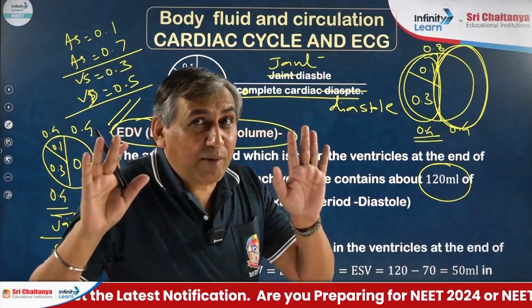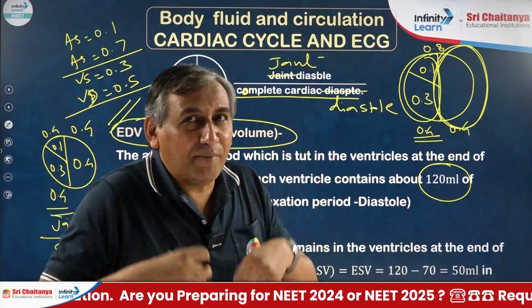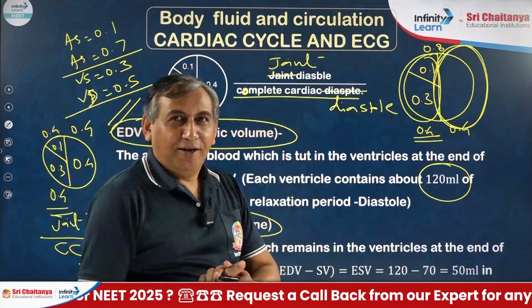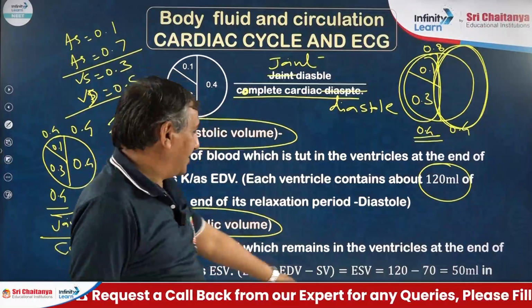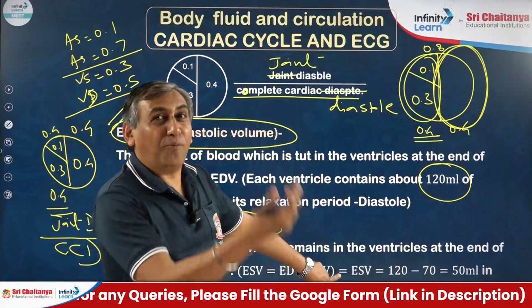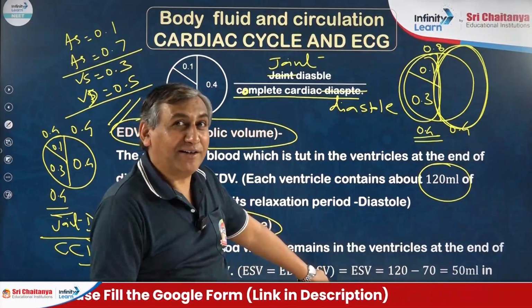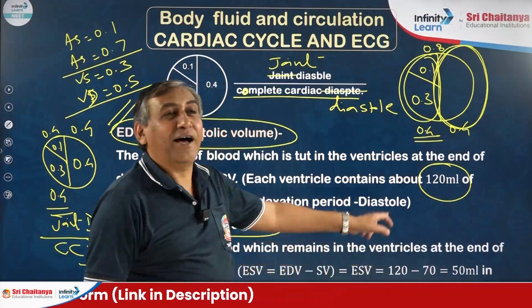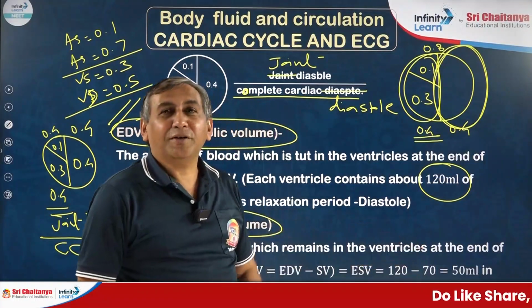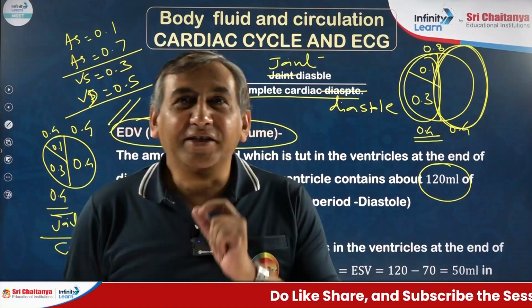What is the maximum amount of rupees I am having? 120 rupees. I went to PVP mall and I spent 70 rupees. So at the end of the shopping, how much am I having? 120 minus 70. So 50 rupees.